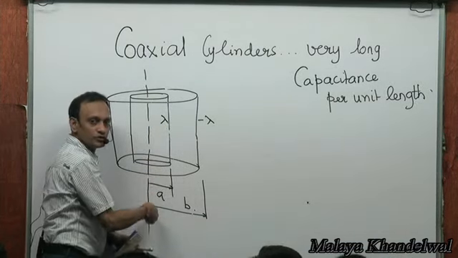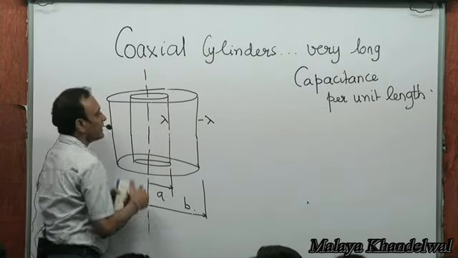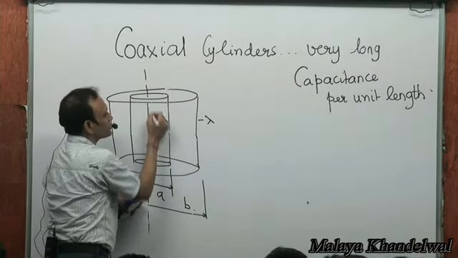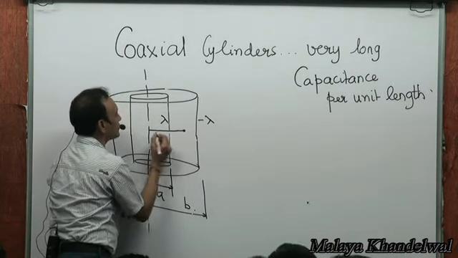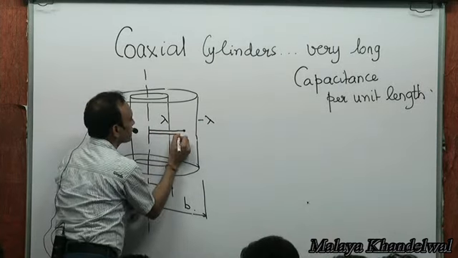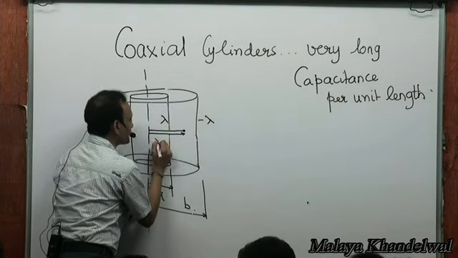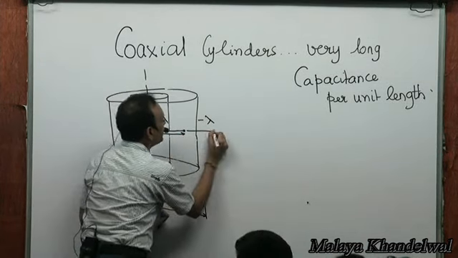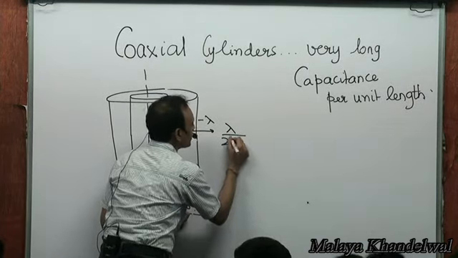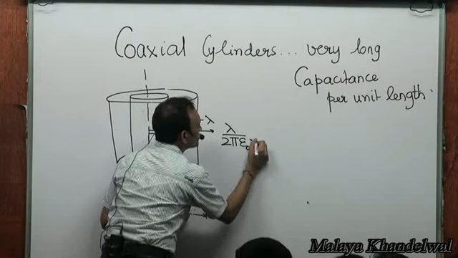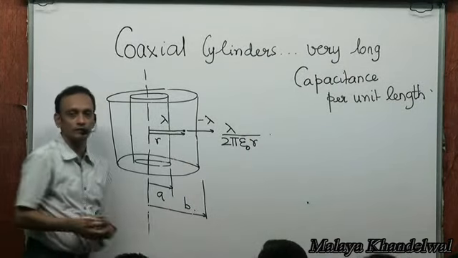Then if that means charge per unit length on the axis, then the electric field at a distance r from the axis is going to be lambda by 2 pi epsilon naught r.